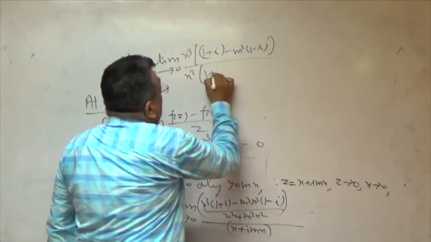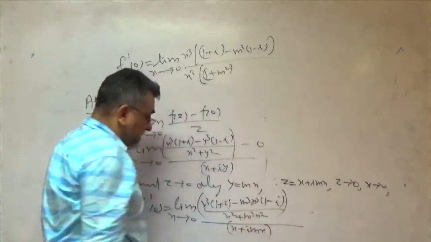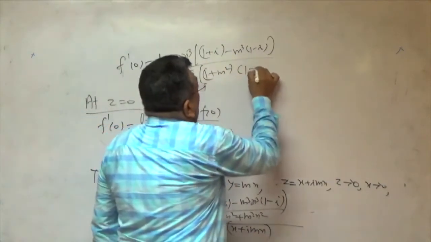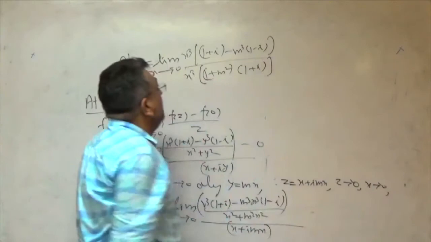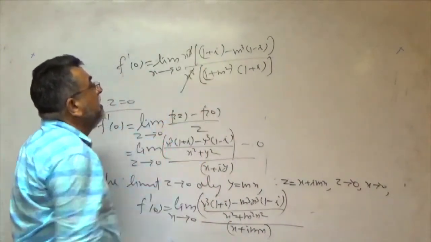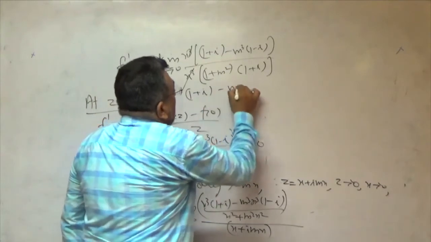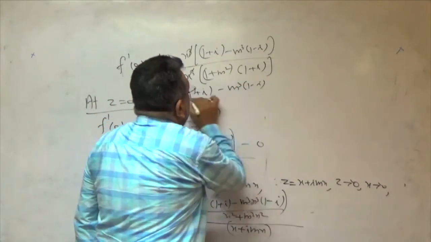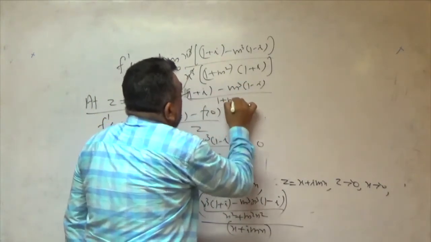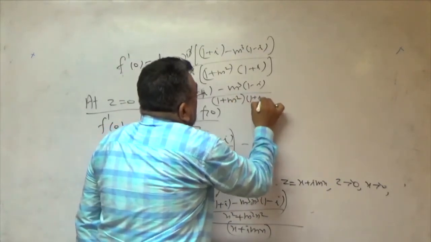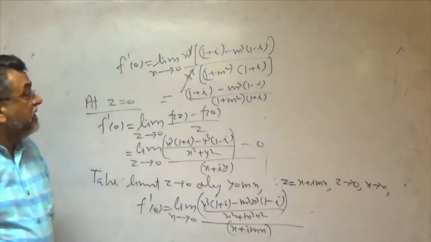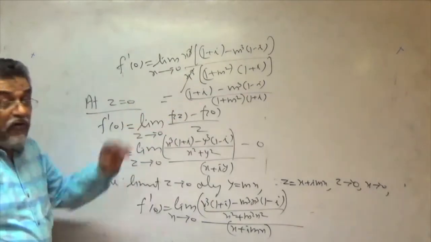Here we get (1 plus m square), and here we get (1 plus i m). x cube is cancelled out. If you take the limit, we get ((1 plus i) minus m cube (1 minus i)) upon ((1 plus m square)(1 plus i m)). This is the value of the limit.